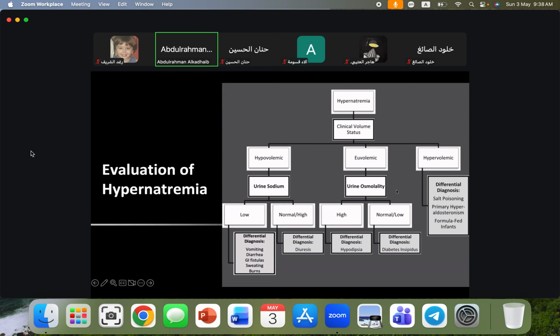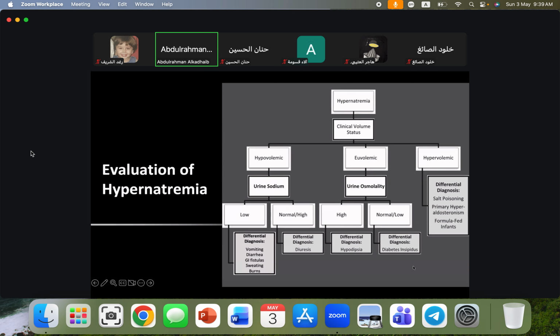In cases of euvolemia, we may see hypernatremia in two main conditions. Either hypodipsia, which is basically a condition in which the patient may have decreased sensation of thirst. And that's why the urine osmolality will be high in those patients, because the urine is going to be so concentrated because they don't drink enough fluid.